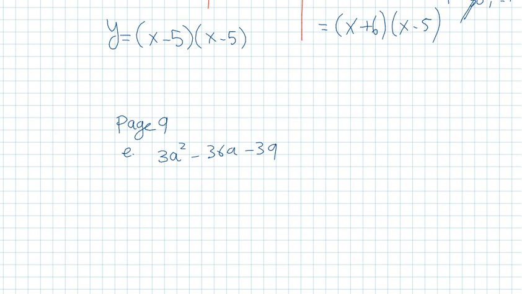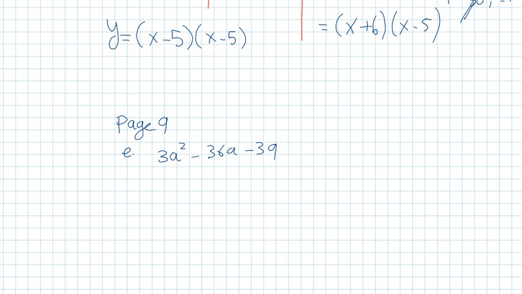Always you're going to ask yourself the question, do I have a common factor? That's the first question you're going to ask yourself, no matter what kind of factoring you're doing. Okay? So in this case, do I have a number or a letter that I can divide by each term? Yes. What is it? 3.